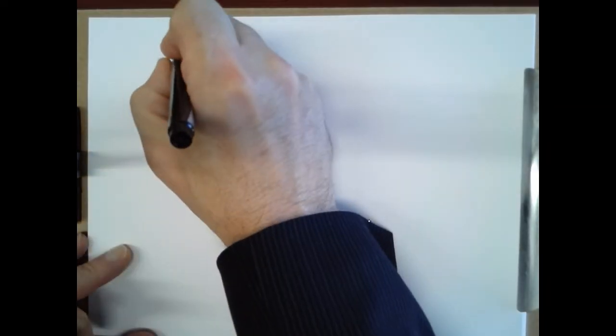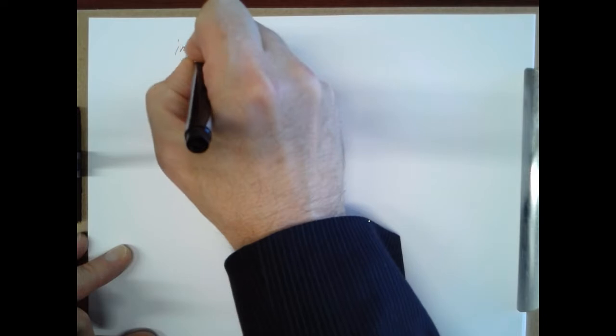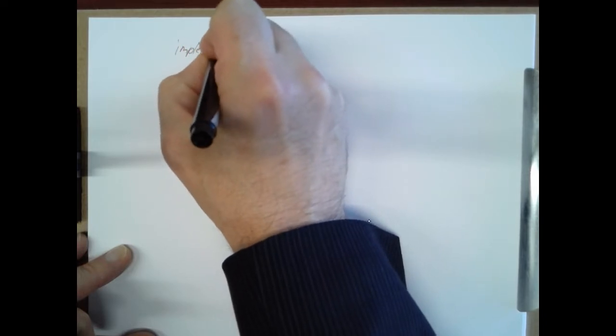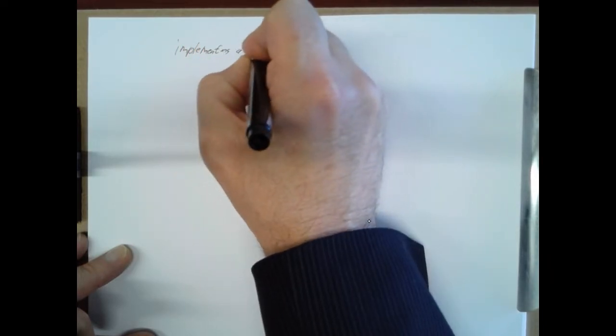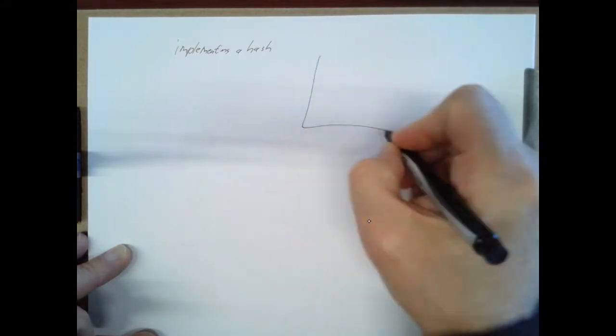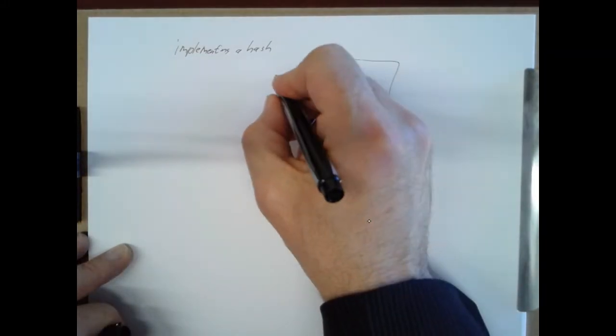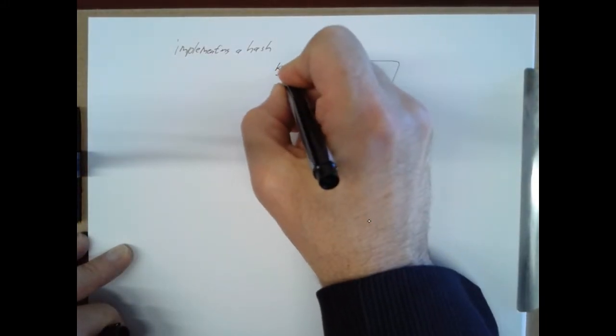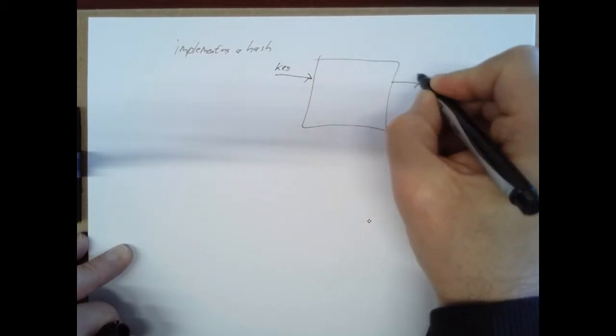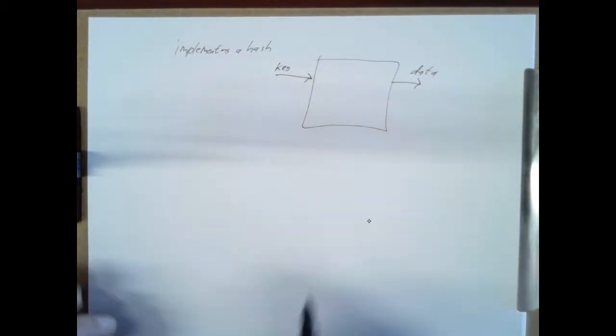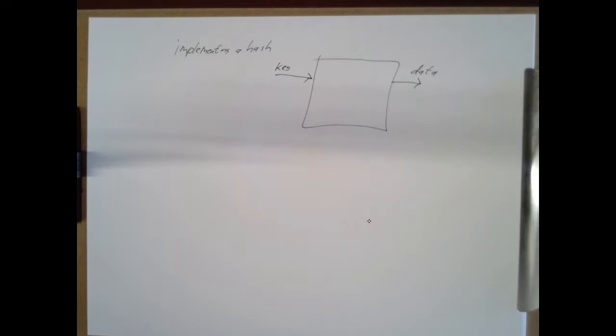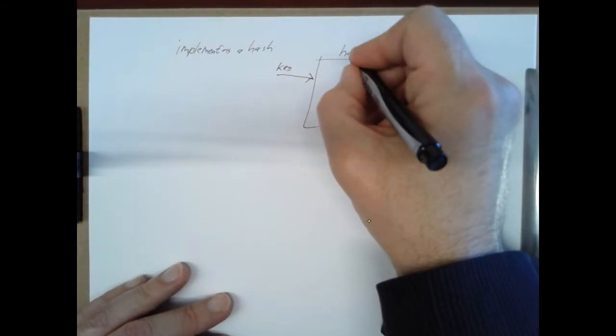So how do we make this work? So, implementation. Well, we want some kind of box. We basically send in a key and we get out a piece of data. And this is our hash.